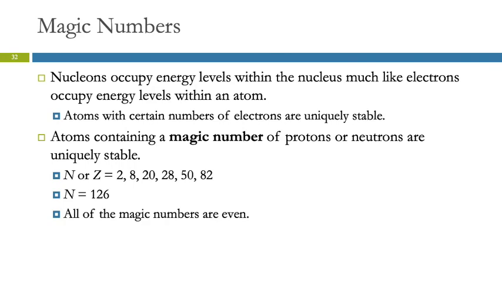And so if N or Z, so number of neutrons or the number of protons, is 2, 8, 20, 28, 50, or 82, those guys are really stable. Do not memorize those numbers. They're not that important. And another really good one is 126. And notice that all of those are even. It's one of those, oh, look at that. What does that mean? Not so sure.